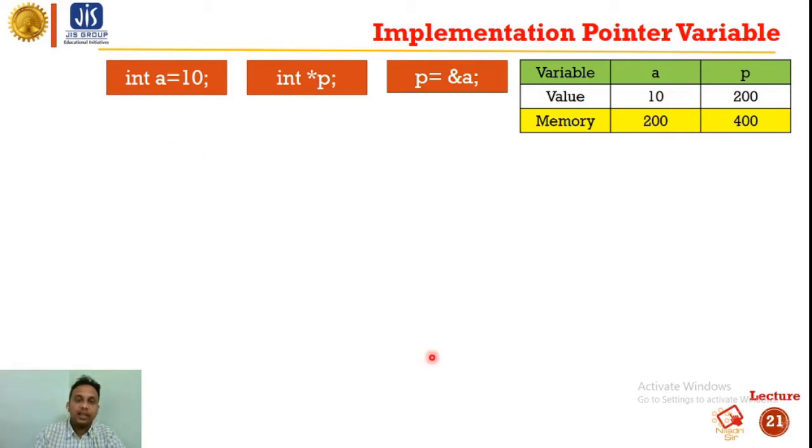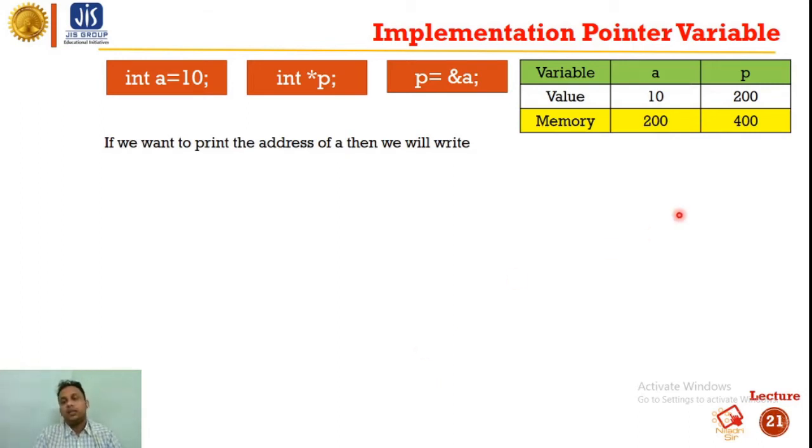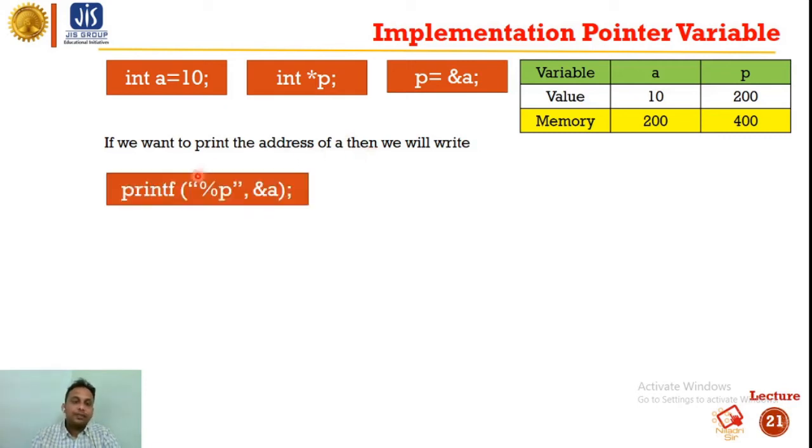Next, another example. If we want to print the address of a, that is this 200, what will we do? So we want to print the address of a. So what will we write? printf %p. This is a new specifier. Till now we have used %d for integer, %f for float, %c for character, and this is %p for address.